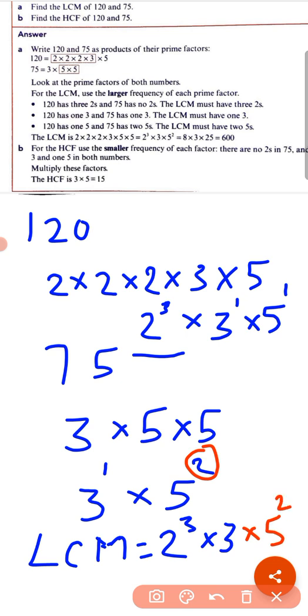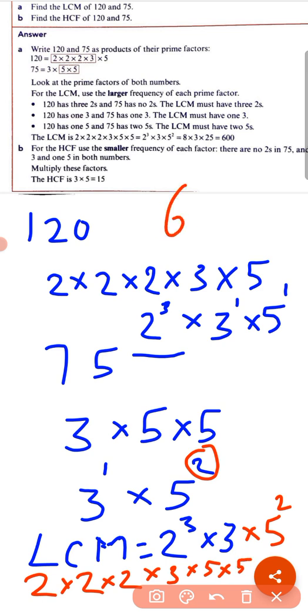So children, the LCM of these numbers is 2 into 2 into 2 into 3 into 5 into 5, which is equal to 600.